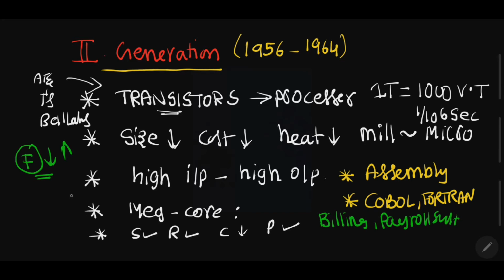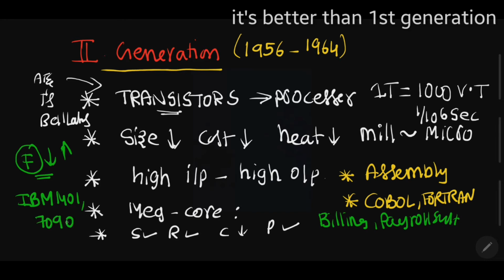So this is the advanced mechanism. The examples are IBM 1401, IBM 7090 and PDP-8. So these are the computers.